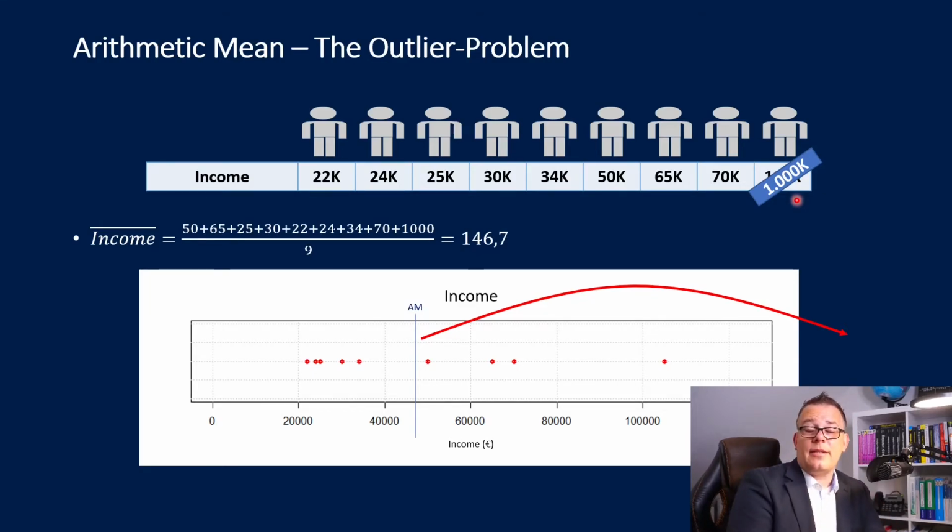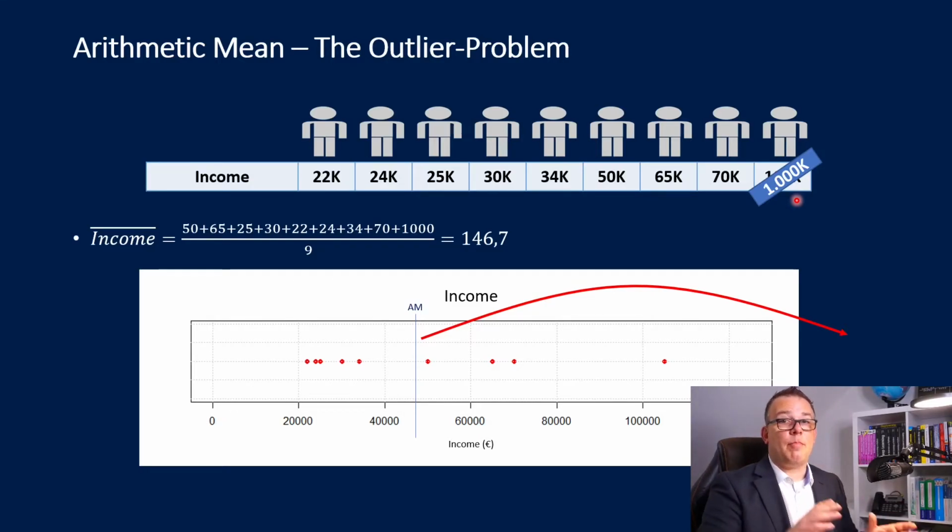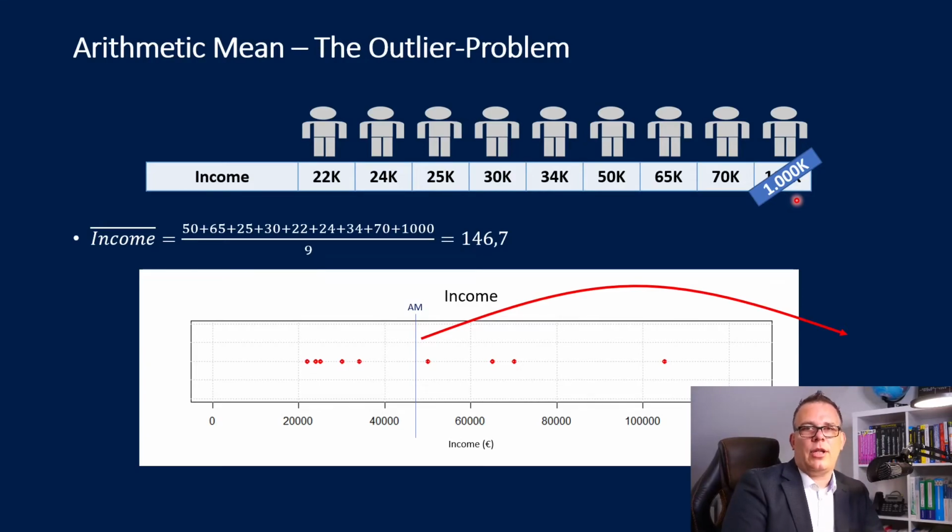And indeed, this discussion is very, very important, because if there are only a few rich people in, let's say, a nation, the arithmetic mean of the income can be skewed or biased a lot by only a few persons. If you assume this to be a statistical outlier, of course, statistical outliers can distort your arithmetic mean.